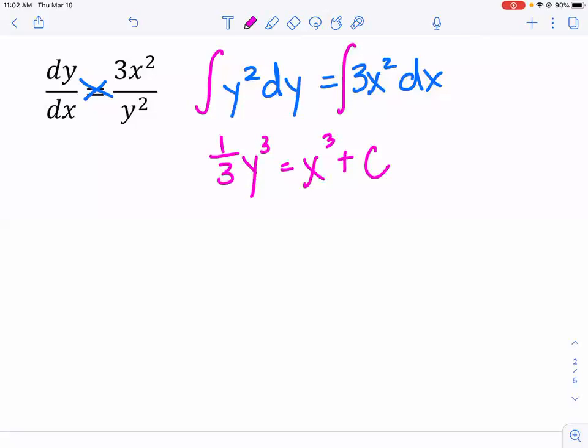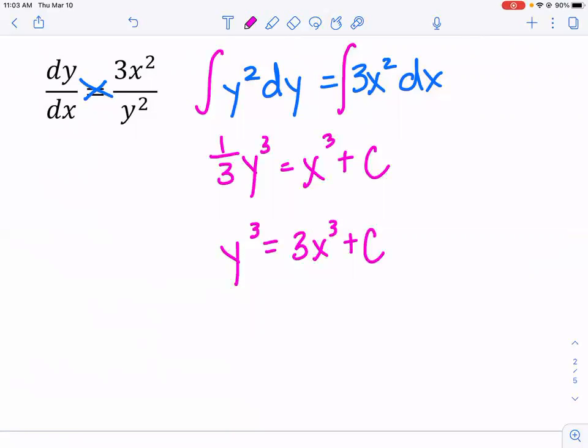All right, so now we've done the calculus. Now we need to do some algebra to make this look pretty. If possible, we're going to solve for y. So in order to do that, what are we going to do with this 1/3? Multiply by 3. So we have y cubed equals 3x cubed plus 3 times a constant, which is still a constant. It's not the same constant, but it's still a constant.